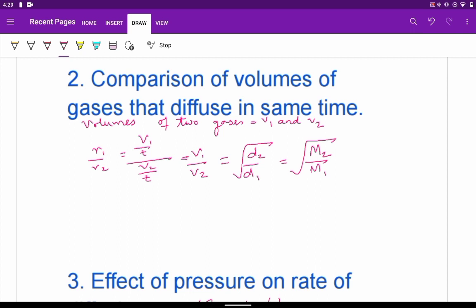R2 is V2 by T, so in place of R2 we write V2 by T. Here T is the same, so T and T get cancelled. So we get R1 by R2 equal to V1 by V2. The more the volume diffused, the more is the rate naturally. And that will be equal to, as usual, square root of D2 by D1 equal to square root of M2 by M1.